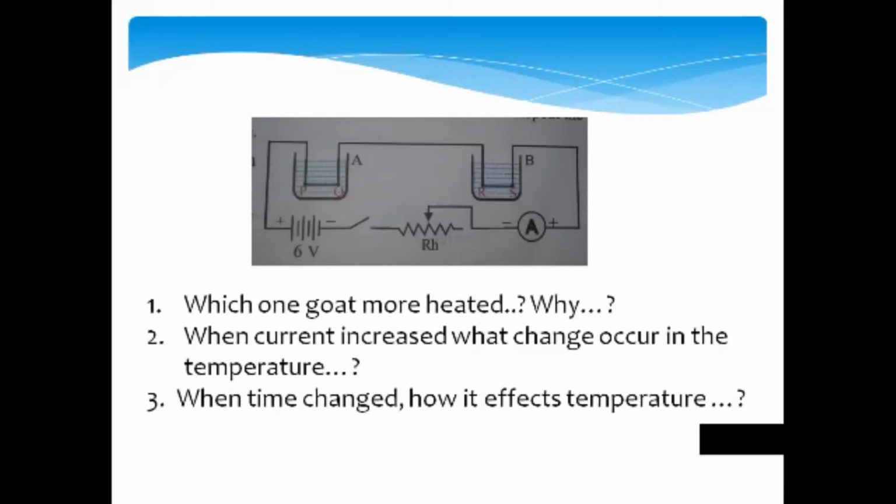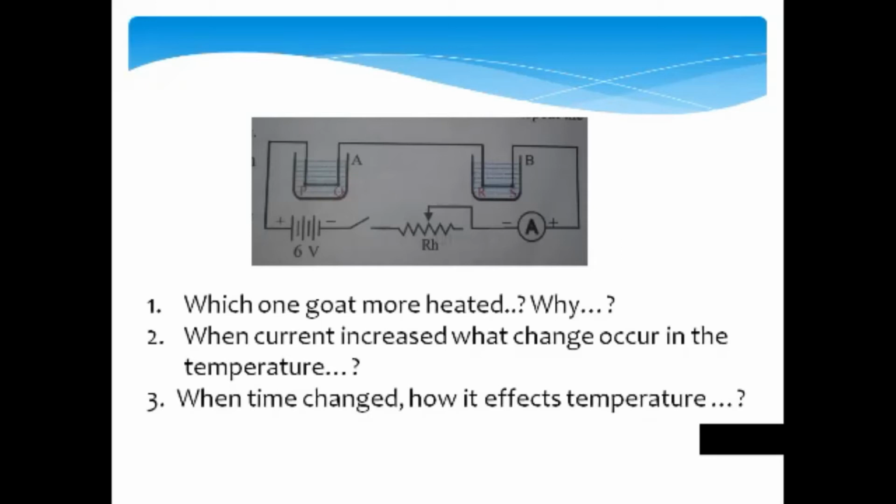After some time, the current is flowing through the whole circuit, and a temperature change occurs in both beakers A and B. We measure the temperature in the beakers and check which one is hotter. At that time we found that beaker A is hotter.